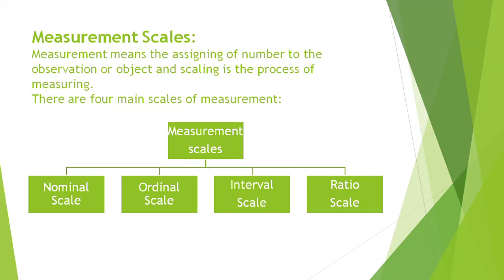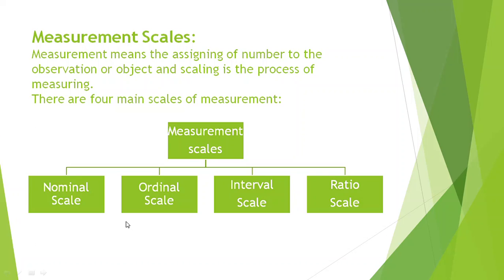Okay, now measurement scales. You might have studied many measurement scales in different subjects, and every field has its own measurement scale. Likewise, statistics also has its own measurement scales. There are four basic measurement scales which we will use in statistics.